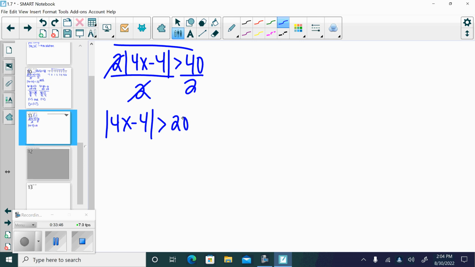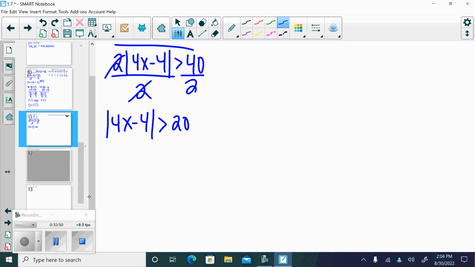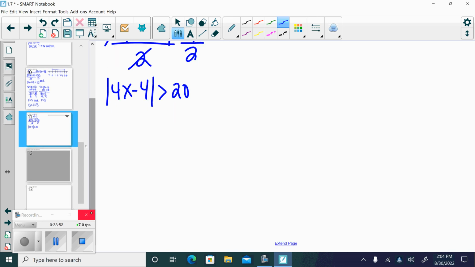All right, from here, you're going to create 2 inequalities. Your first one's going to look exactly like this. 4x minus 4 is greater than 20. What's your other one going to look like? Very good.